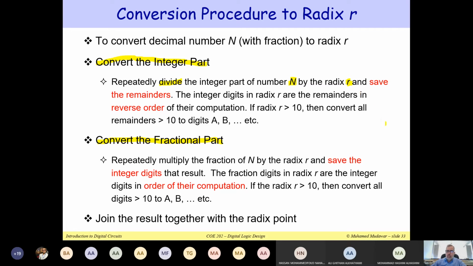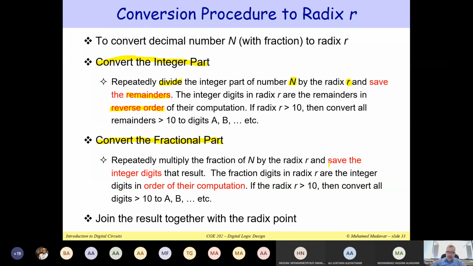If converting to binary, we divide by 2. To octal, I divide by 8. To hexadecimal, I divide by 16. Then we look at the remainders, and we get them in reverse order: digit 0, then digit 1, then digit 2. So basically we are obtaining them from right to left. This is for the integer part.